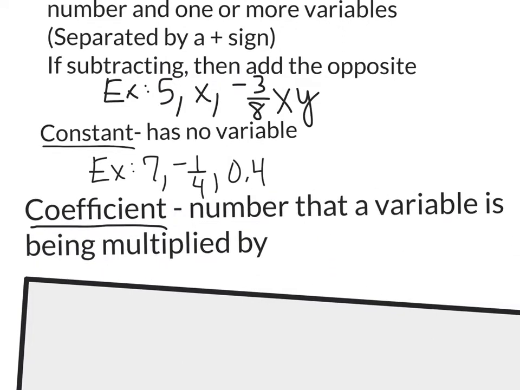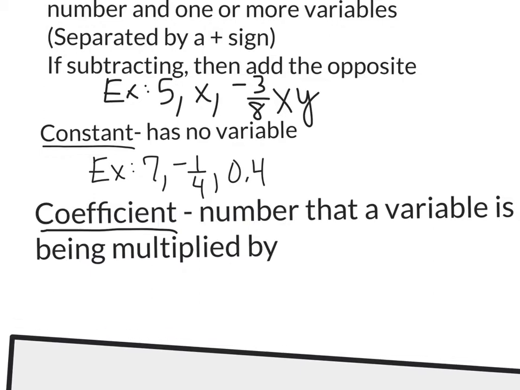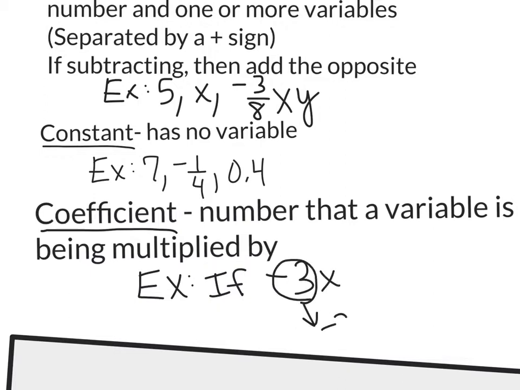And then our next definition is coefficient. A coefficient is a number that a variable is being multiplied by. As an example, if we had -3x, -3 is our coefficient here.